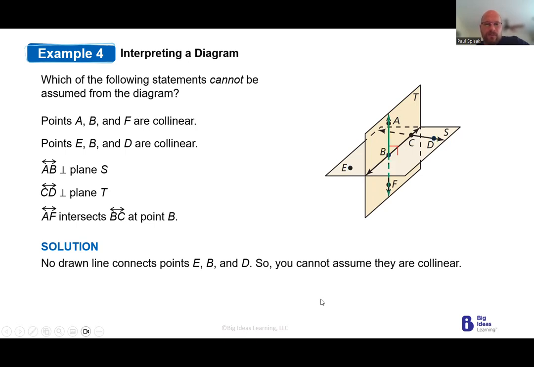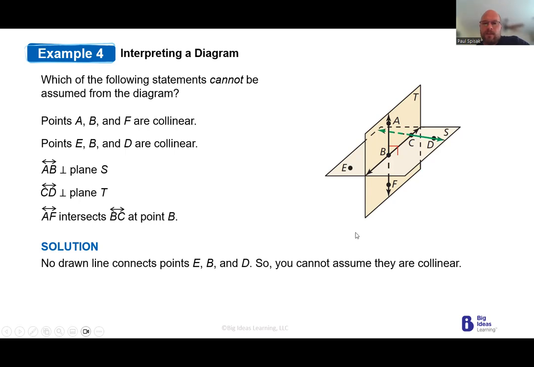Look at the next one. We have line AB is perpendicular to plane S. Line AB does look perpendicular, and to make sure that we know it is perpendicular, we have the right angle symbol with the plane. Since they show that right angle symbol, we know it is perpendicular to the plane.